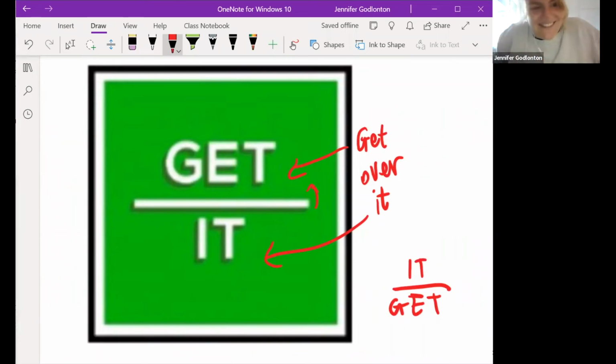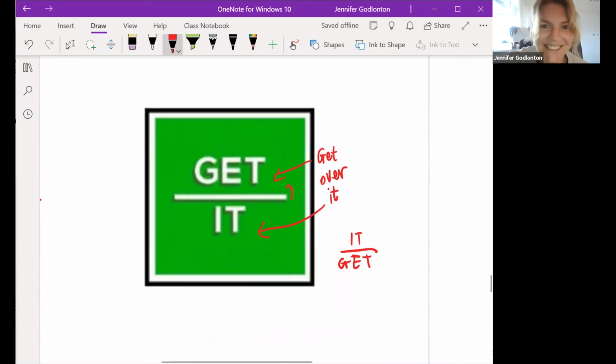I know they're very fast, very, very fast. Because the gate is over the it. So its gate is over it. Get over it. I'm grumpy now. Oh my goodness.